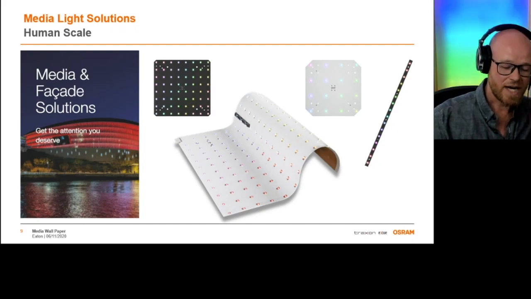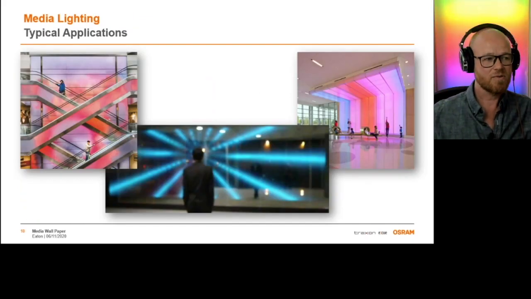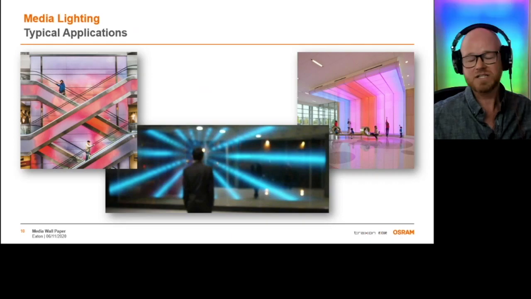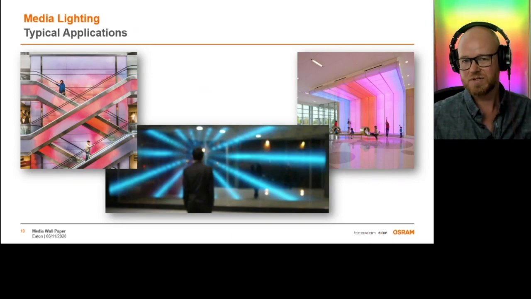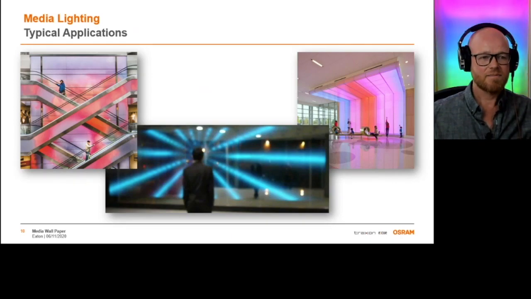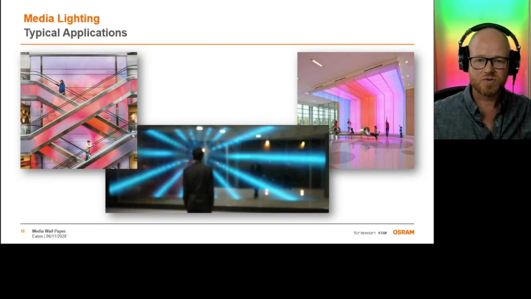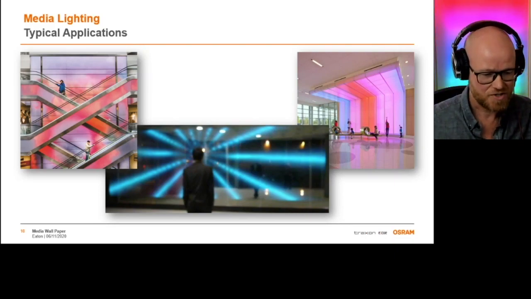When I say human scale, we're talking about installations meant to be viewed from a few meters away up to maybe tens of meters away, one story to a few stories tall, so atria, transition corridors, entries, these sorts of applications.